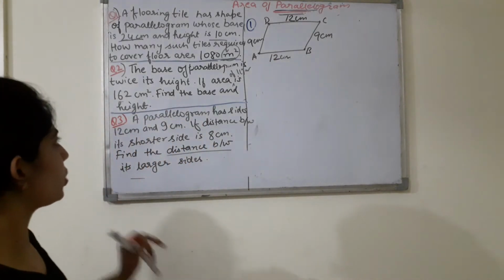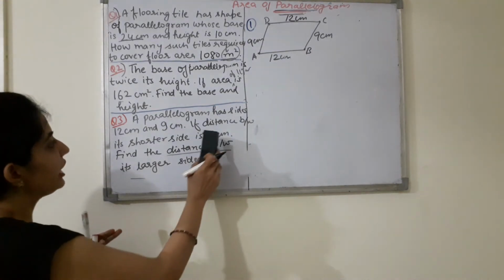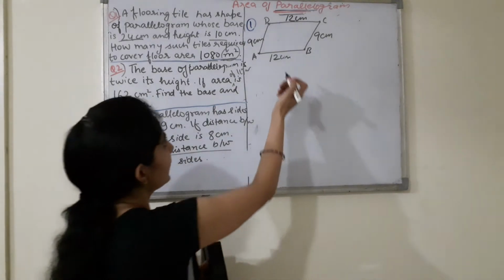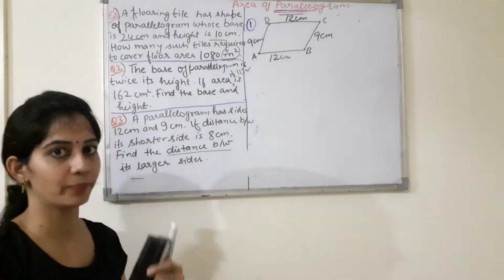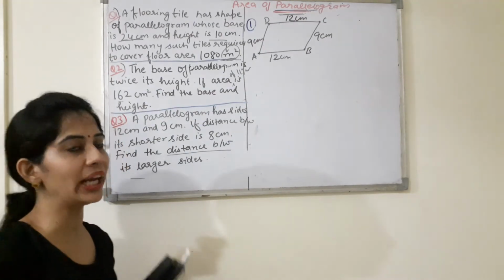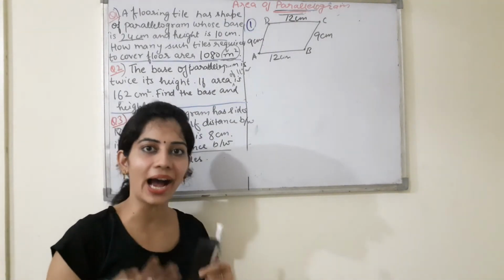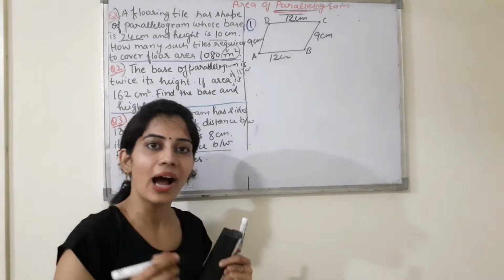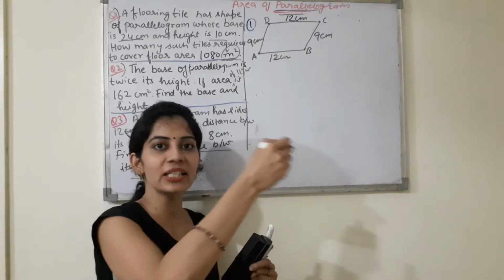Now what next you have given, see, a parallelogram has sides 12 centimeter and 9 centimeter. If the distance between its shorter sides is 8 centimeter, where are the shorter sides? These and these, AD and BC are your shorter sides, and the distance between them is given as 8 centimeter. It means distance is what? It is talking about the height between the shorter sides, okay? And height is what? Height is the perpendicular drawn from any vertex to its opposite side.